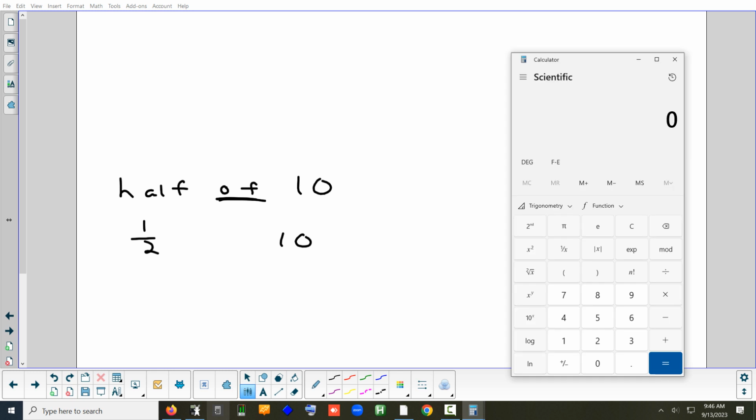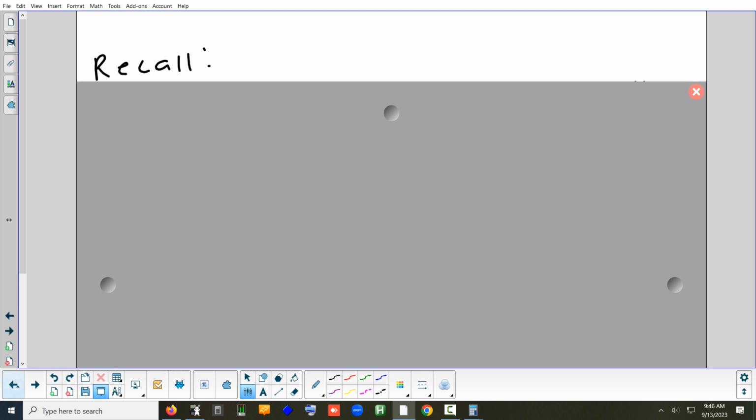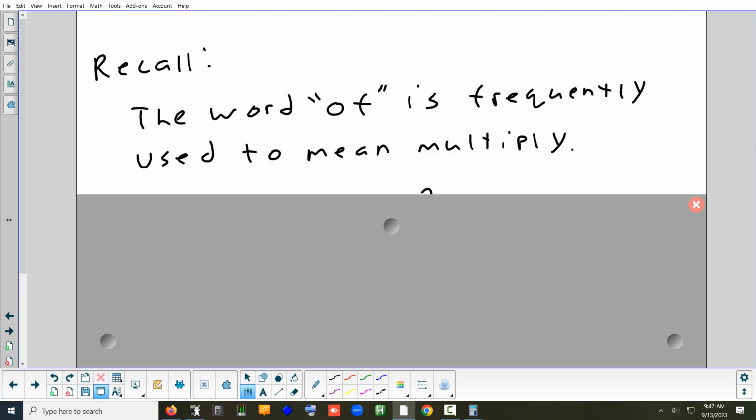If we do 1/2 divided by 10, is that number half of 10? 0.05? No. What number are we trying to get? 5. So what can you do with those to get 5? Multiply. So the word of, on your guided notes, means multiply. The word of, frequently we use that to mean multiply.